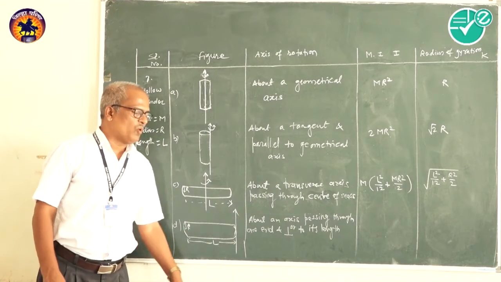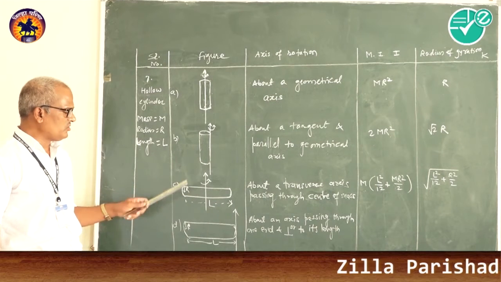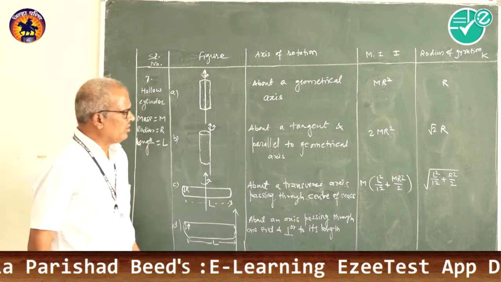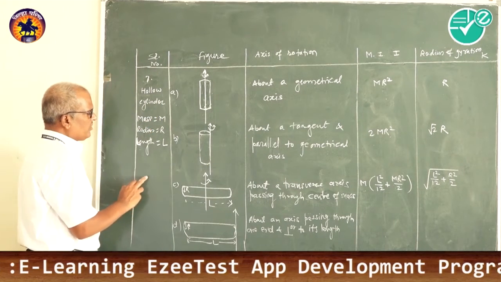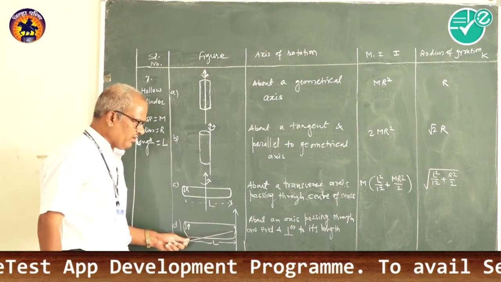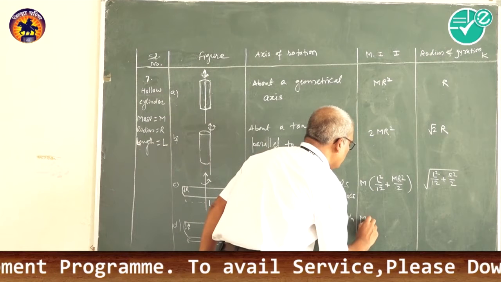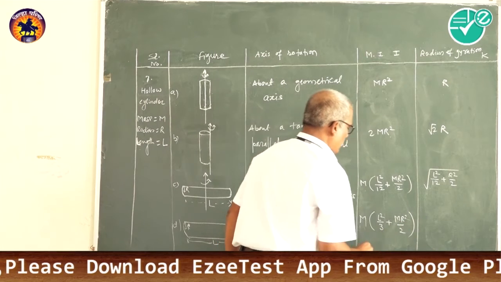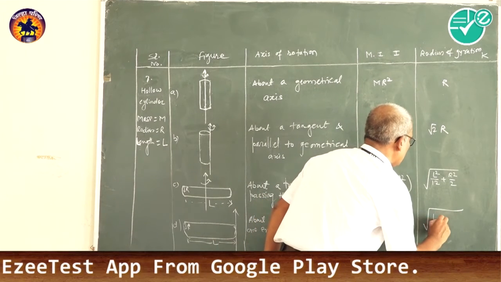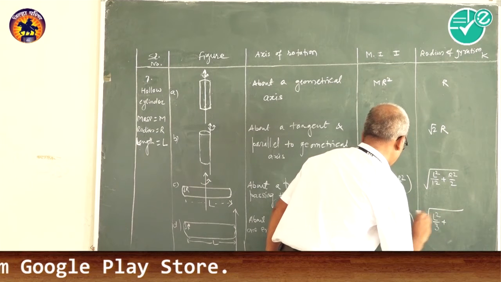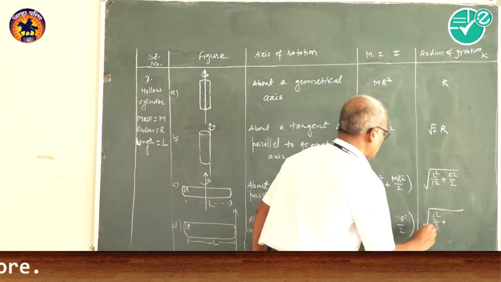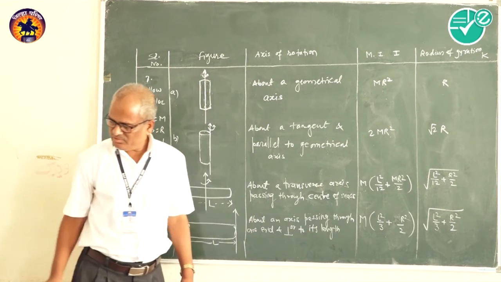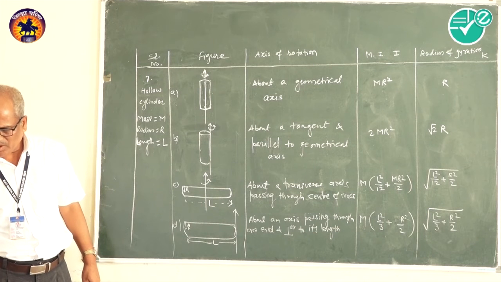Now the moment of inertia of a hollow cylinder about an axis passing through one end and perpendicular to its length is given by m into bracket l square by 3 plus r square by 2, and take the square root of this bracket, that is l square by 3 plus r square by 2.